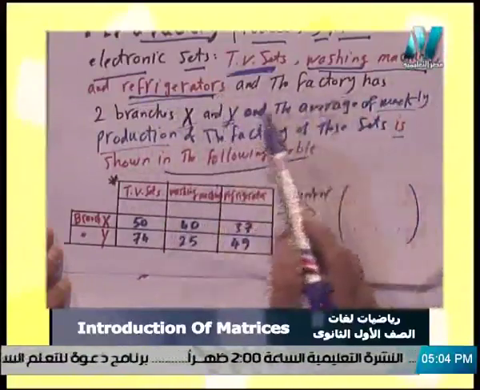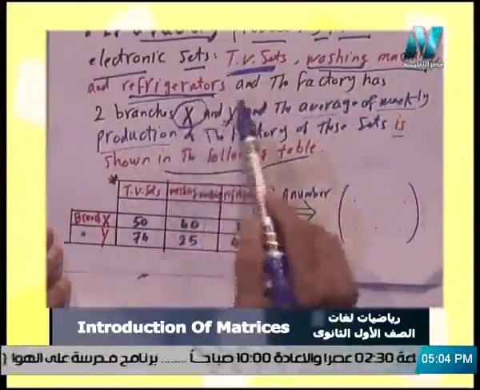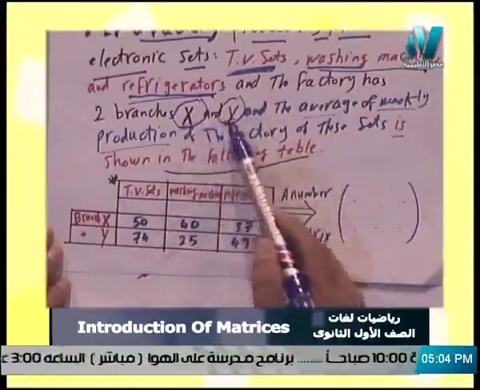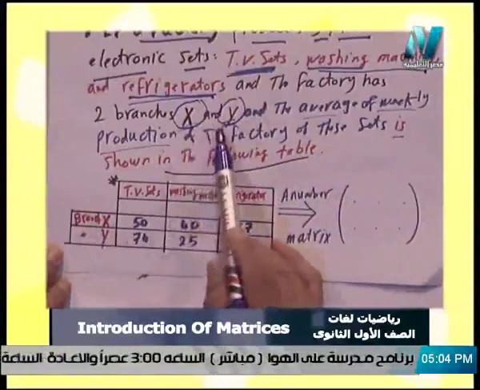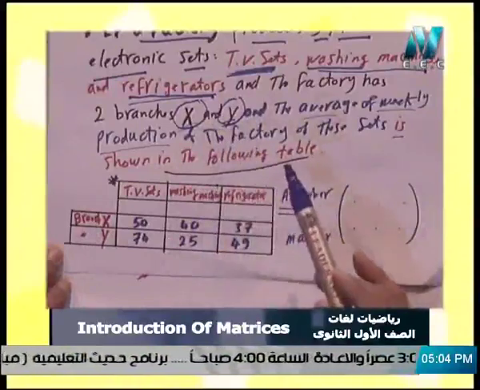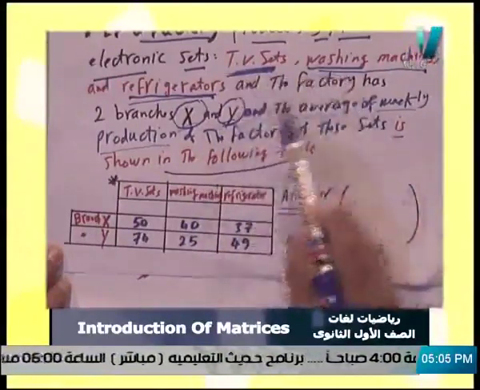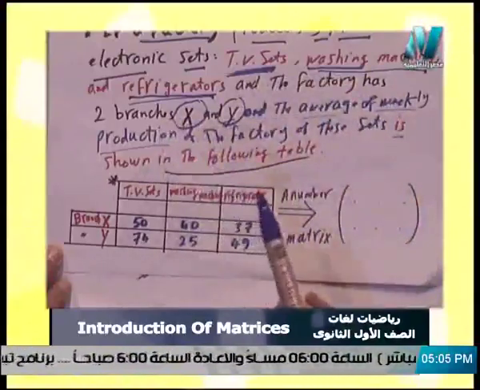And this factory has 2 branches called X and Y. Branch X and branch Y produce what? They produce these 3: TV sets, washing machine sets, and refrigerator sets.